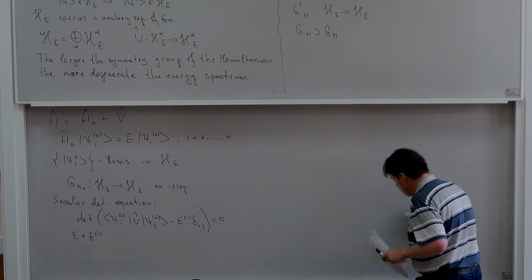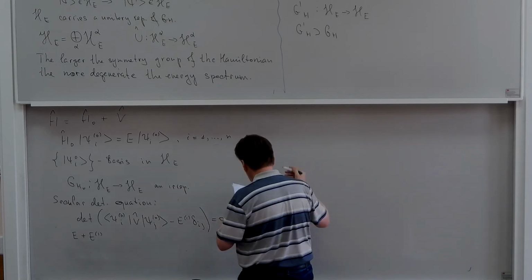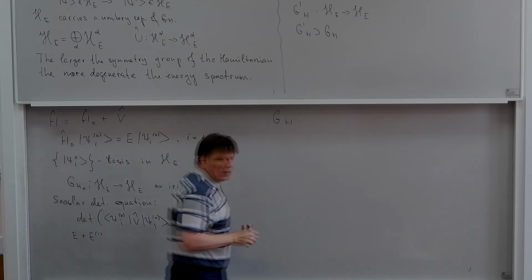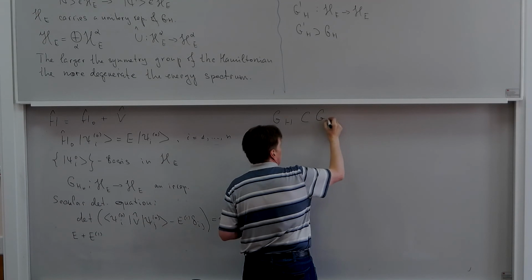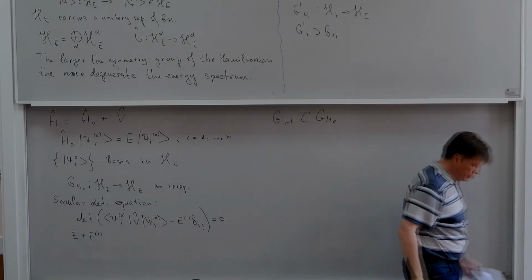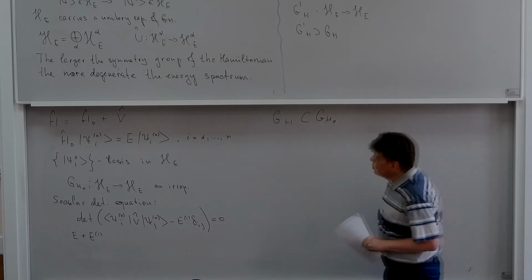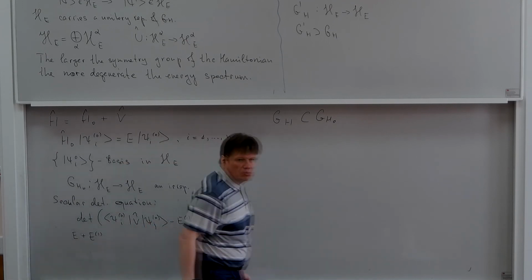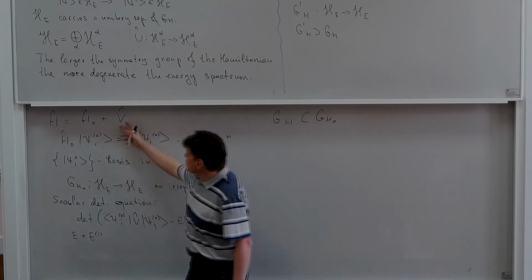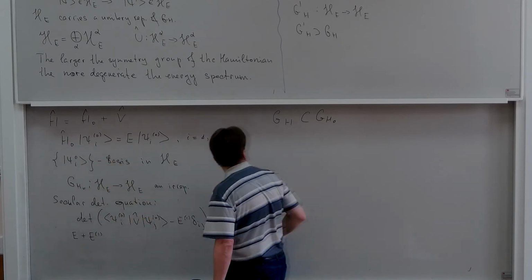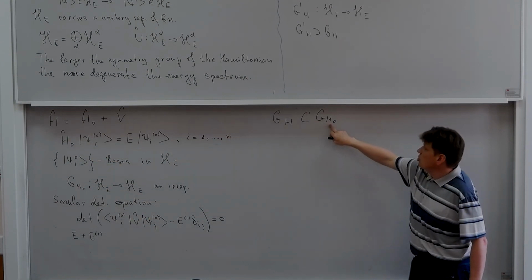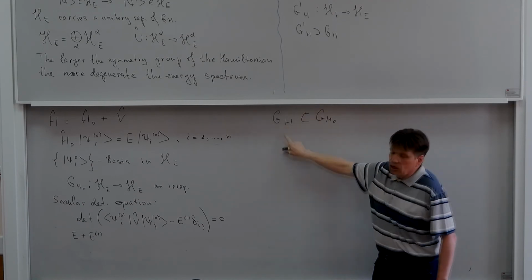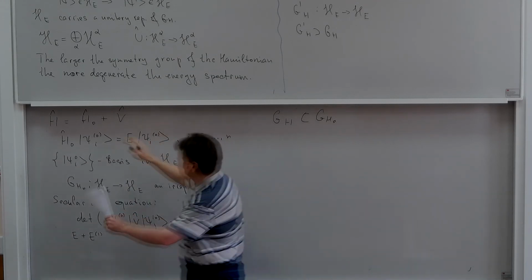By this I mean that the symmetry group of the Hamiltonian H is a proper subgroup of the group G_H0. And in this situation we say that the perturbation V breaks some of the symmetries of the Hamiltonian H naught. So instead of the group G_H0, we get only some subgroup G_H, which is the symmetry group of the total Hamiltonian.